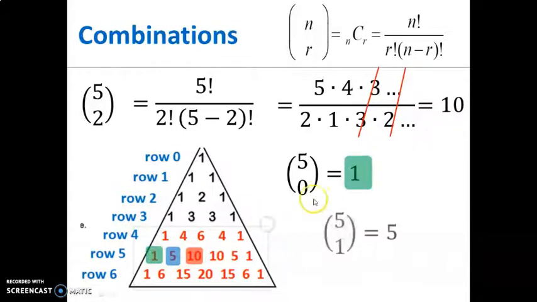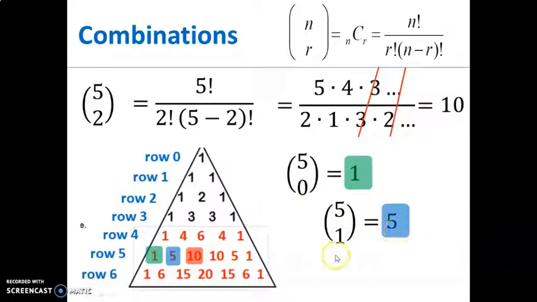If you did 5 choose 1, you would get 5, which matches this value here. And if you did 5 choose 2, you would get 10, which matches this value here. So this would be 5 choose 3, 5 choose 4, 5 choose 5. Notice we start with 0, and we begin with 0 there. So that's an important connection we saw earlier in the course. We're going to use this now in this lesson, so let's keep moving ahead.